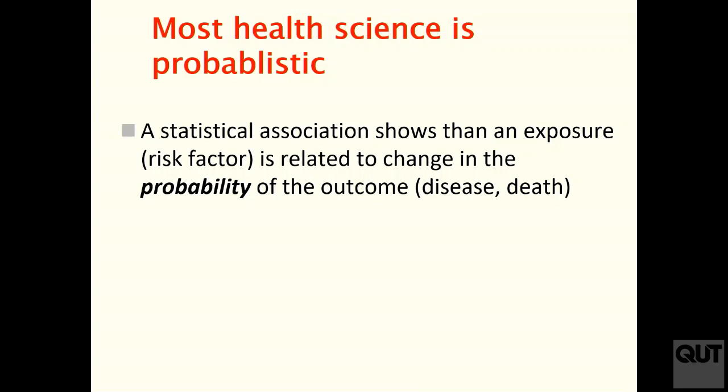Similarly in physics, similarly in mathematics, it adds up. But in health sciences, in the great majority of the work that is done in epidemiology, it's probabilistic. You don't really know. So we look for a statistical association which shows an exposure, some risk factor, is related to a change in the probability of the outcome of a disease. Certainty is not something we enjoy in public health.